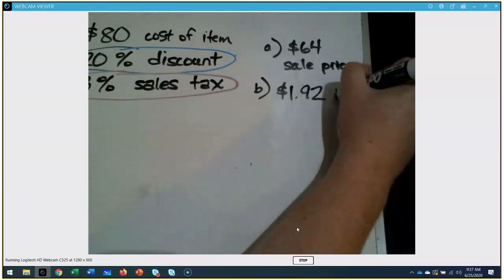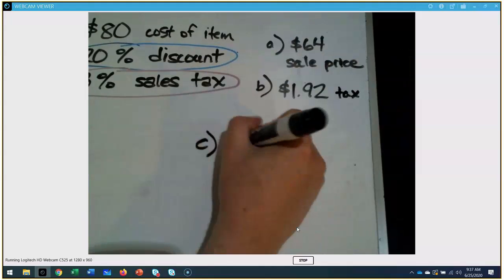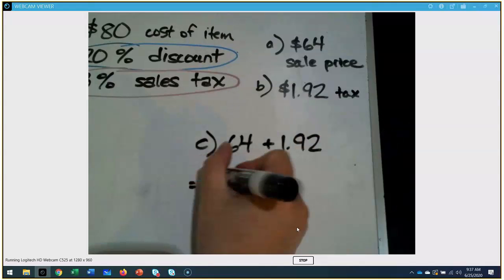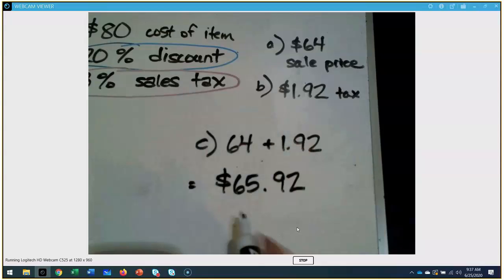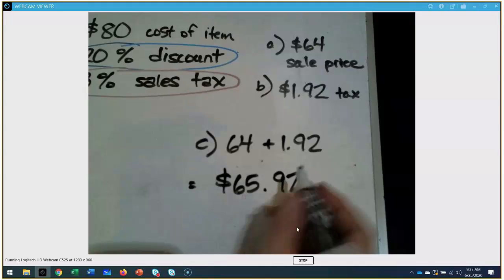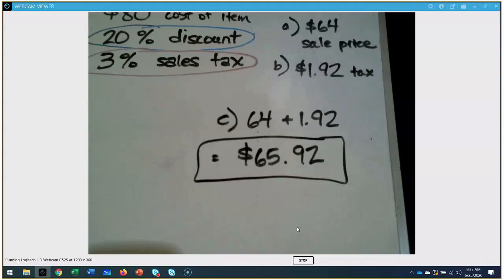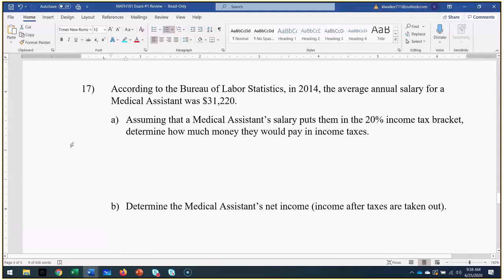So for Part C, we're just going to add 64 plus $1.92. So the total cost of this item on sale with tax included is that much. All right, moving on then.